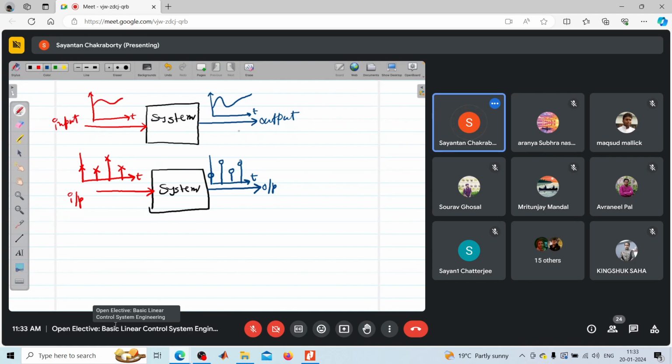Now, in physicality, since most of the systems are analog or continuous in nature, what we encounter is a hybrid system. How is it defined? Suppose we have an analog signal, say r(t). The nature of the signal is something like this.